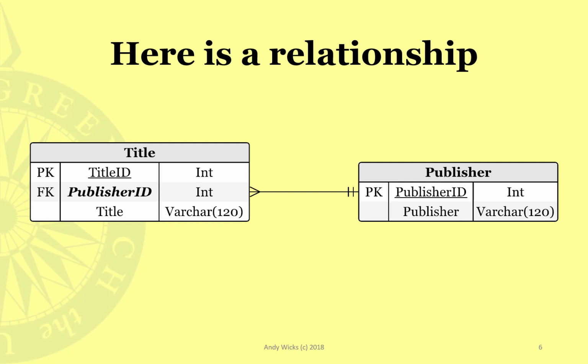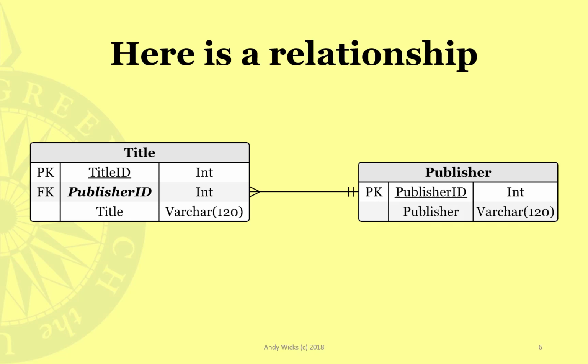But what about the title? Could a publisher not have any titles? Well, that sounds silly, because how can you be a publisher if you don't publish? But in this case, we're looking at a second-hand bookshop scenario. And it may be that we've skimmed a list of publishers from the internet, and that for some publishers we don't have a title.